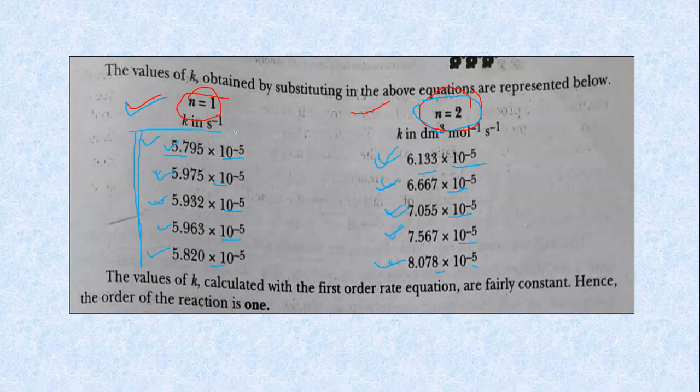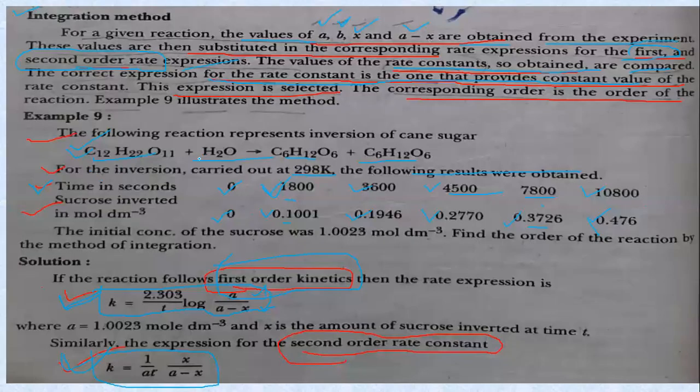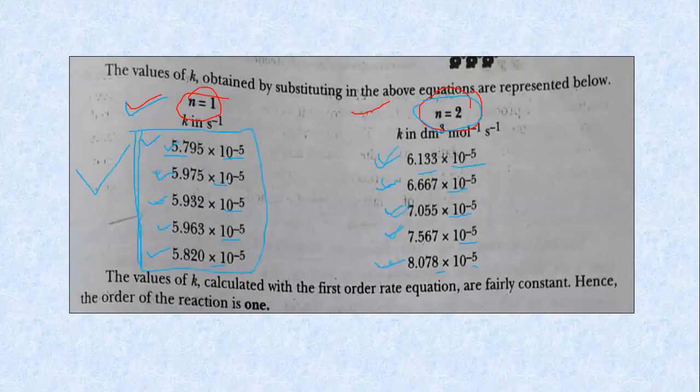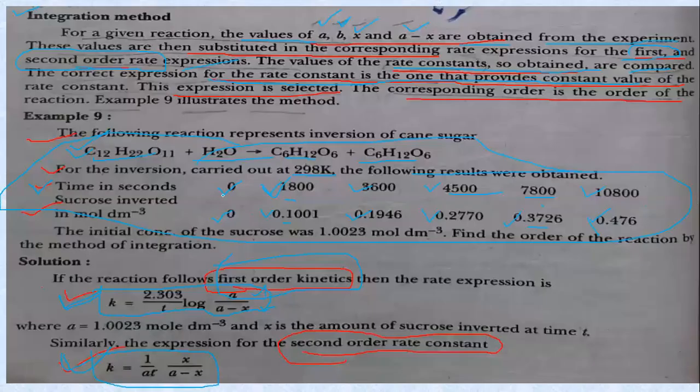So as you are getting a constant value of k for the first order rate equation, you can say that whatever reaction we have studied here, the inversion of cane sugar, is a first order reaction, because these values are constant. Okay, these are the values found out for this reading, after this reading. So we have a total of 5 readings.